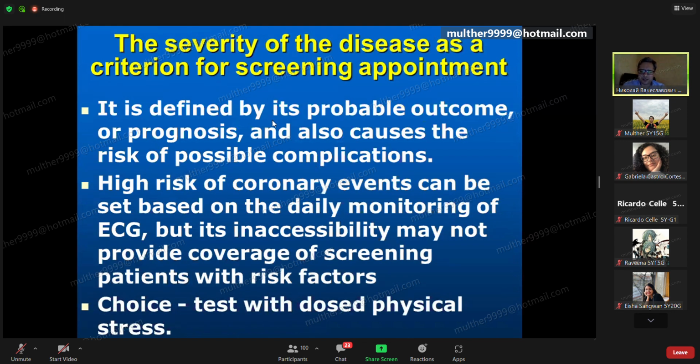Severity of disease criterion. We should know the probable outcome or prognosis of the disease, and also the possible risk of complications.